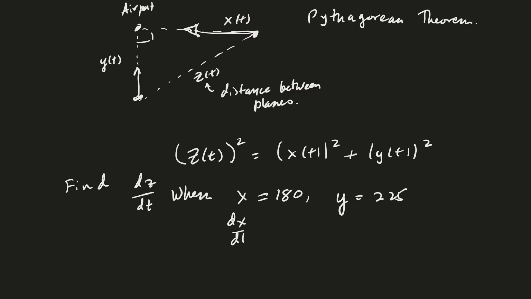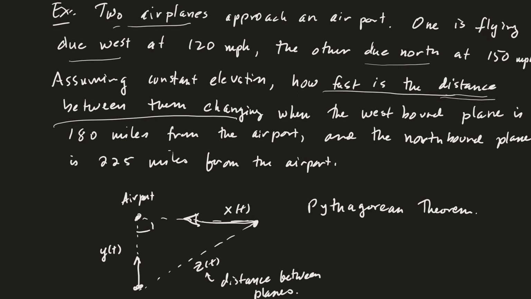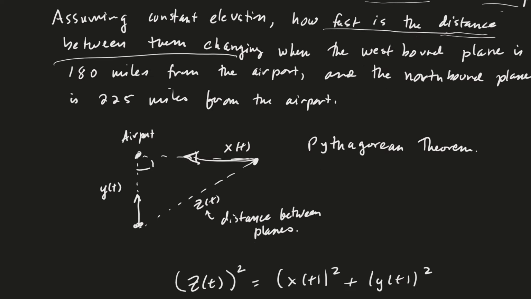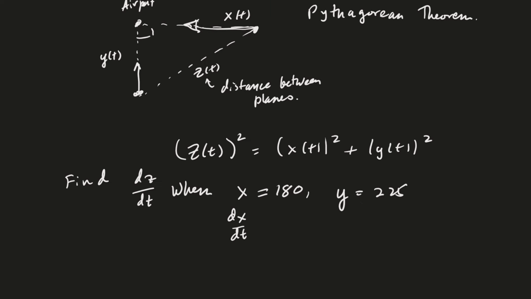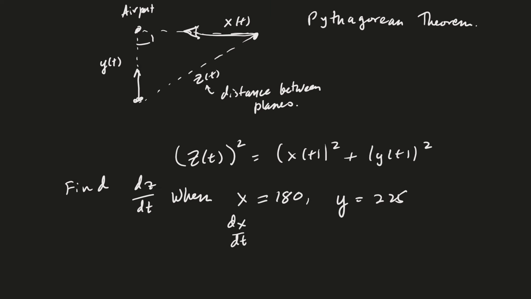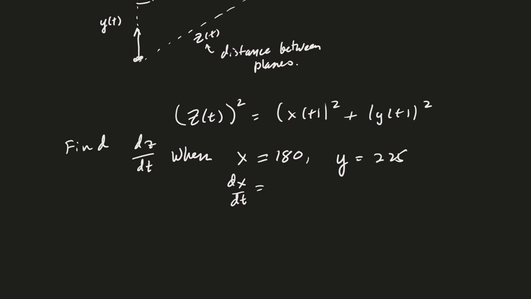What's our speed? dx over dt is 120, and dy over dt is 150. Good, and I think we've got all our pieces.